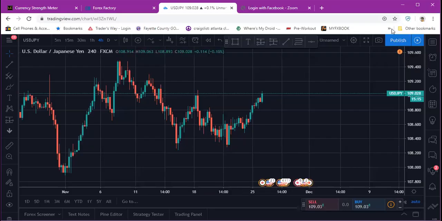So let's see, we're going to jump on Tradingview, of course. Let's close this. Let's get on our Tradingview. Okay, so everybody's kind of somewhat familiar.